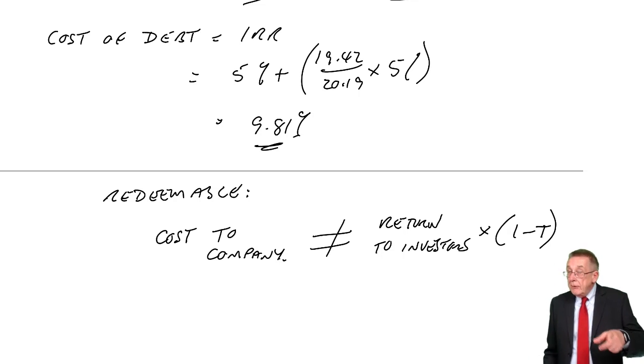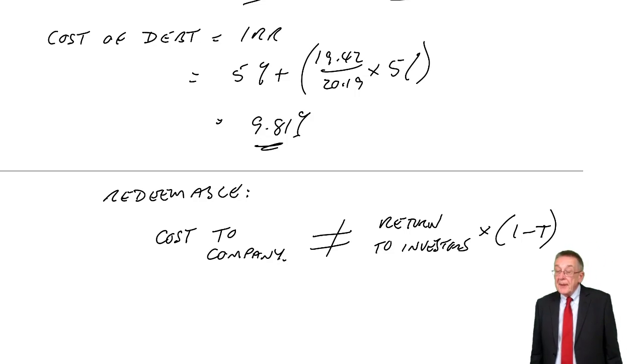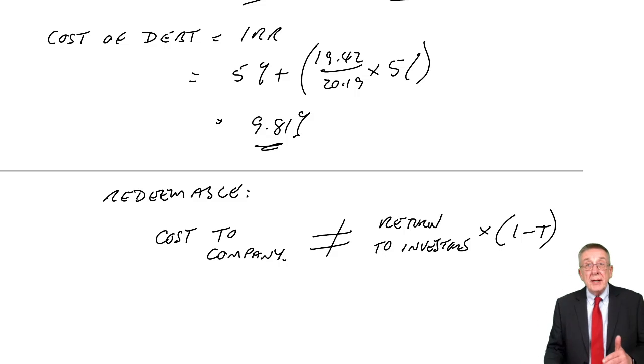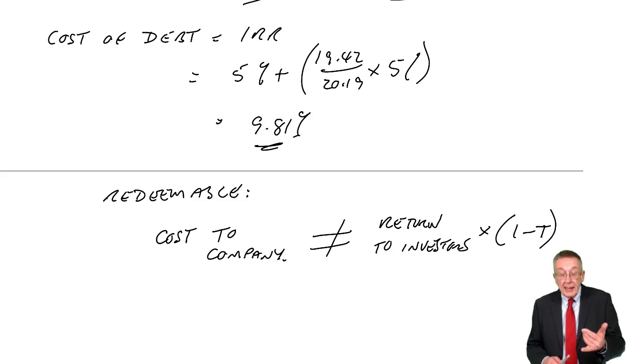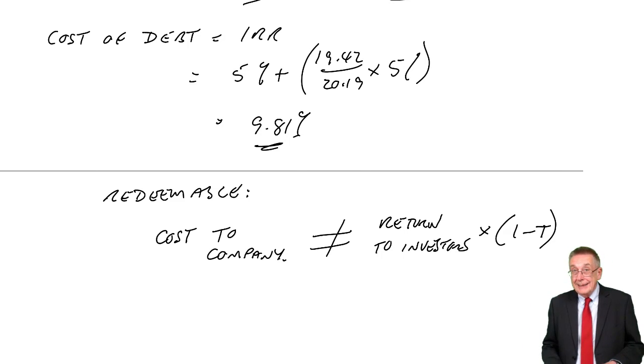It did for irredeemable debt. It doesn't for redeemable debt. And why doesn't it? It's because when it's redeemable, interest is tax allowable and the repayment is not tax allowable.